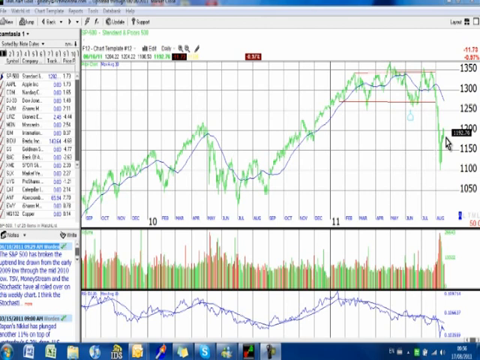Now I often say a picture paints a thousand words, because even though we feel good over the last number of days with this rise, you can see the start of the fall now, which was here at 1350, and then we've had this small little bounce, and my concern is this moving average here, this blue line.